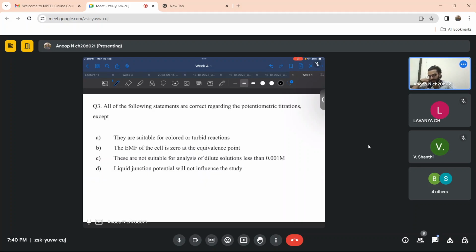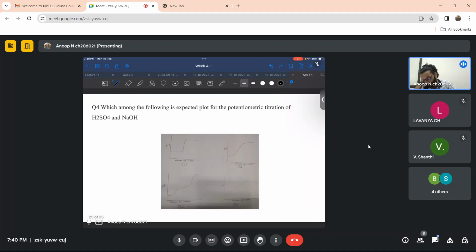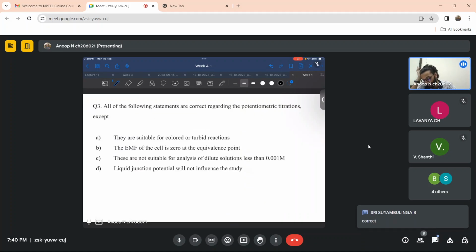No, no. The cell EMF, one second. The second option, is it correct? First option is correct. The EMF of the cell is zero at the equivalence point. Is it true?